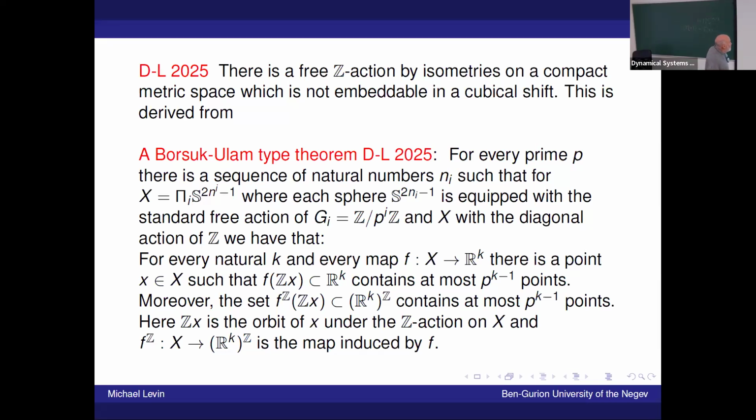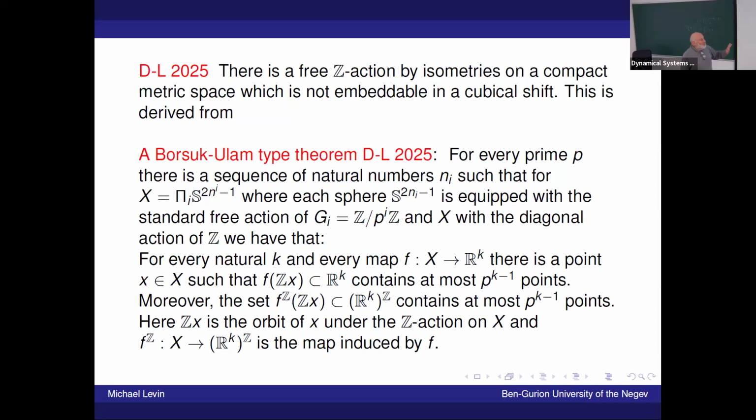So the theorem states that somehow we can find a sequence of natural numbers, a mysterious sequence. Actually, we cannot find the sequence explicitly. If such a sequence exists, it's a very interesting problem to give a constructive estimate on the n_i's.